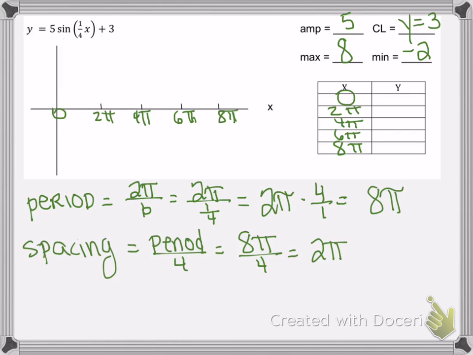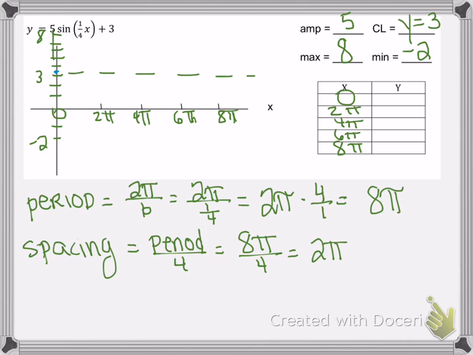Now at this point, I can label everything else exactly the same. So 3, 8, -2. And remember, draw in your dotted line for your center line to remind you where to go back to.